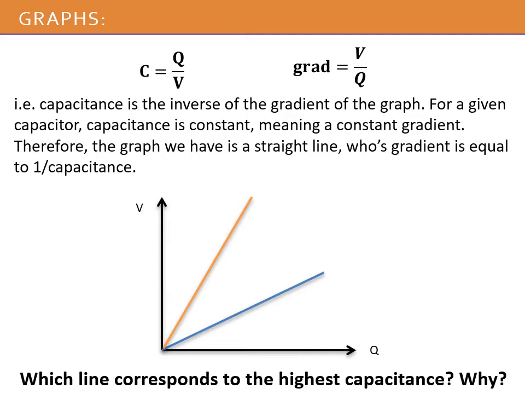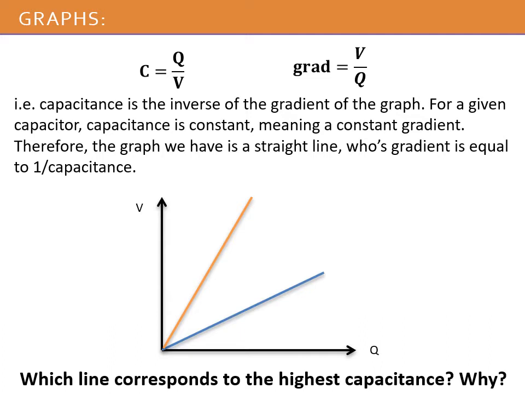The gradient is basically y-axis divided by x-axis. So capacitance is constant, meaning the gradient is constant. Therefore the graph we have is a straight line whose gradient is equal to 1 over capacitance.